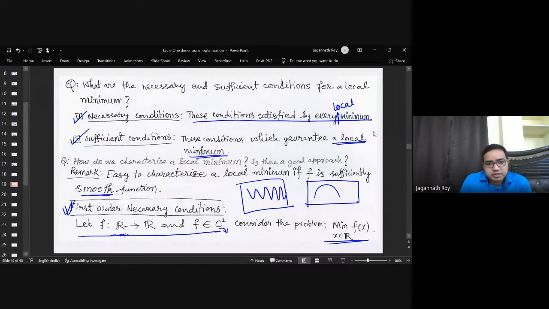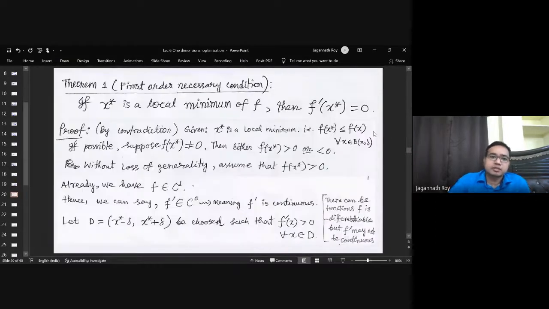If f belongs to C1, it means f dash exists, the first derivative exists and is continuous. Then the theorem says if x star is a local minima of f, then f dash x star is equal to 0.